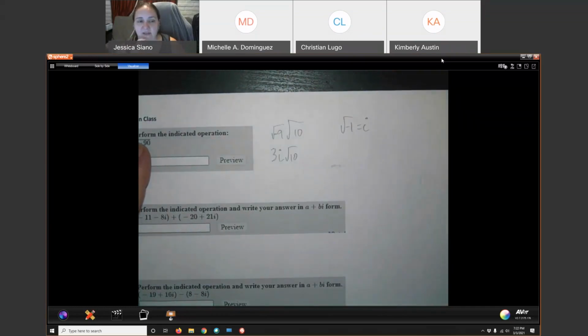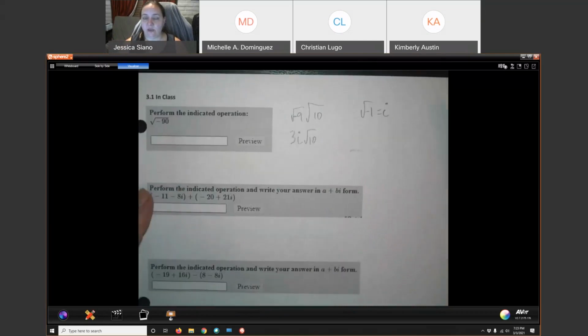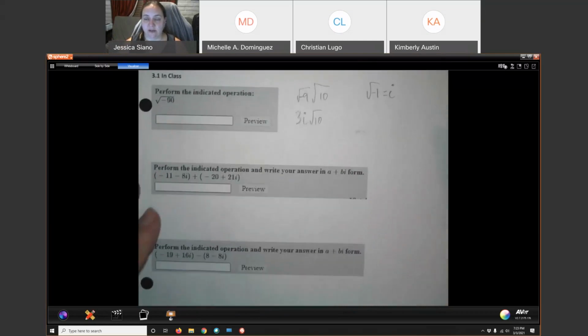So anytime there's a negative under a radical, we get an i, and i is the square root of negative 1. So these are complex numbers. They are numbers that exist outside of real numbers. And this is what happens when we have negatives under radicals.